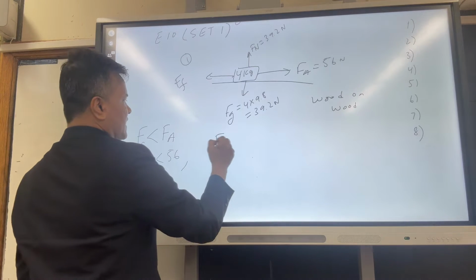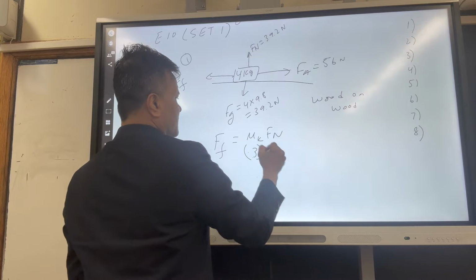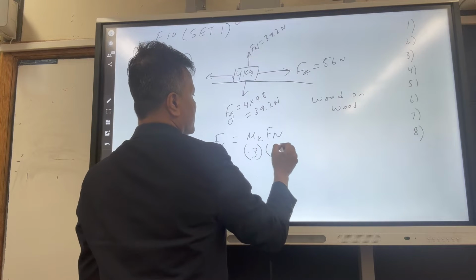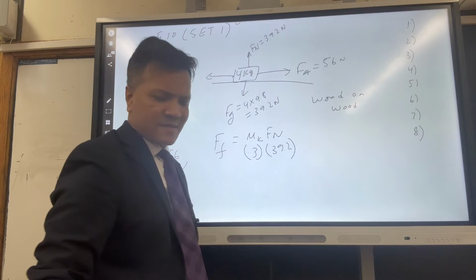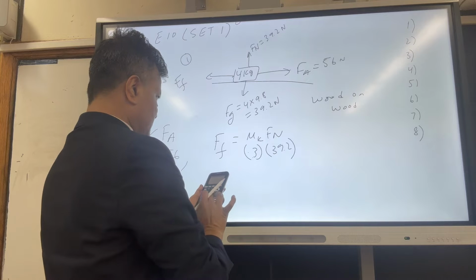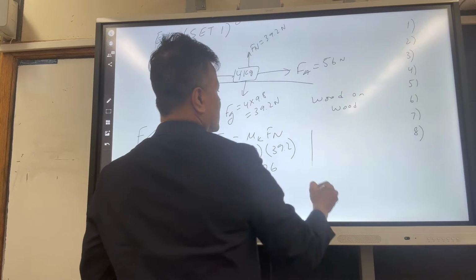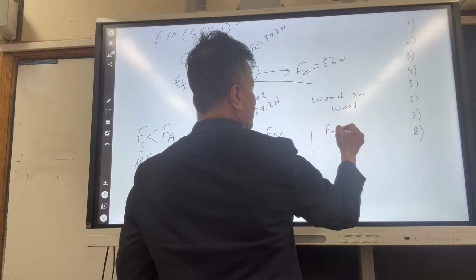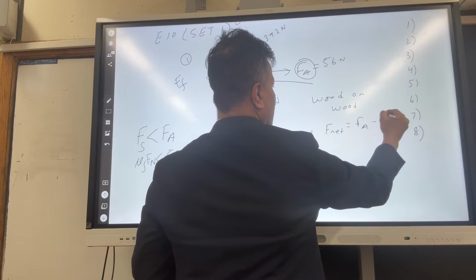So FF is mu k Fn, so 0.3 times 39.2 is 11.76.